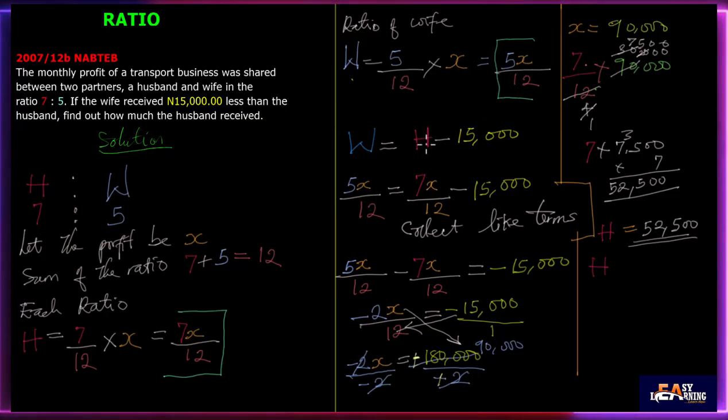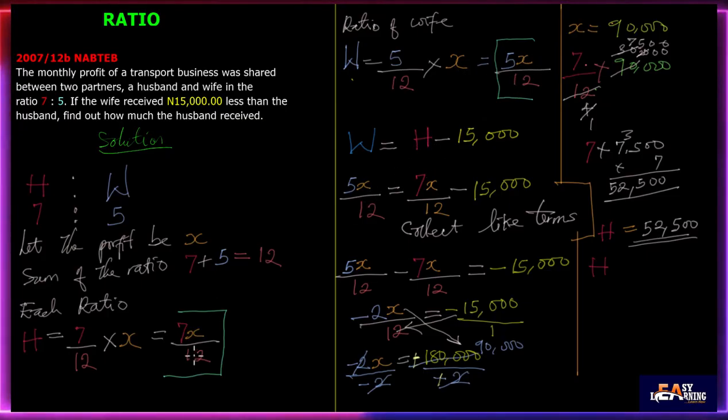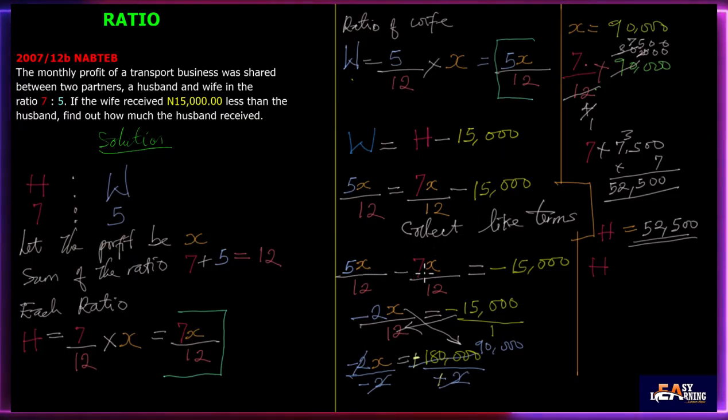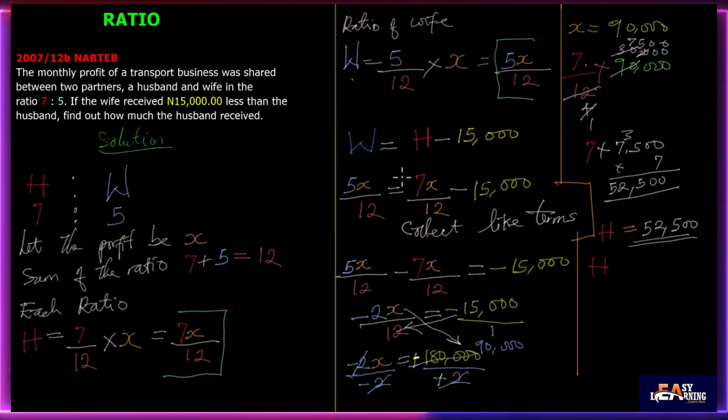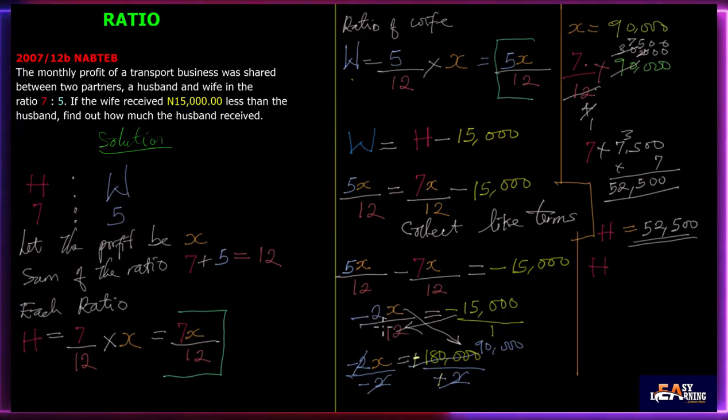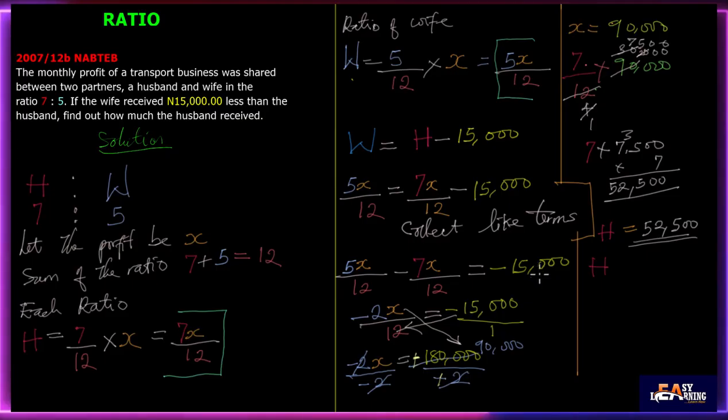Where we have H, we introduce 7x over 12. Then we collected like terms. All x should come to x, and when this moved over, it became negative. Since the denominators are the same, we just subtracted the numerators. That gave us minus 2x over 12 equal to minus 15,000.